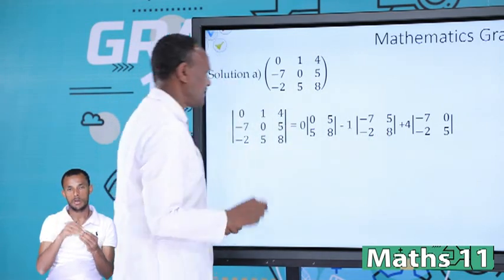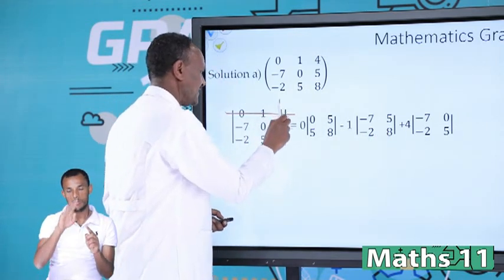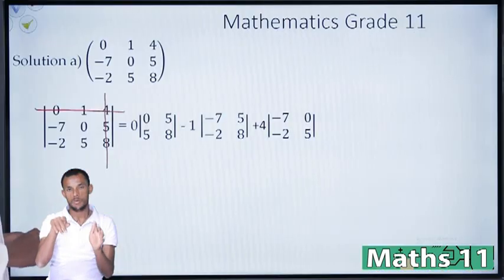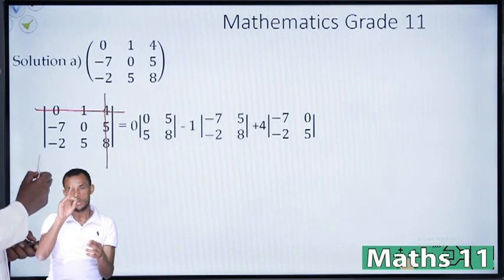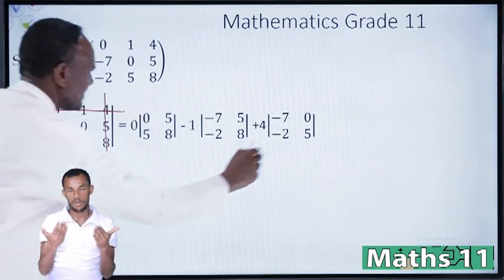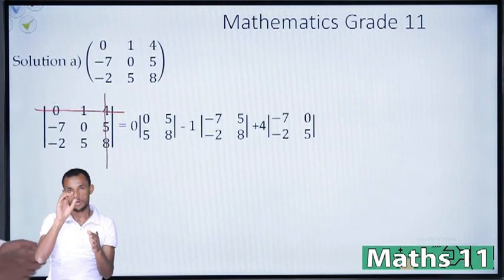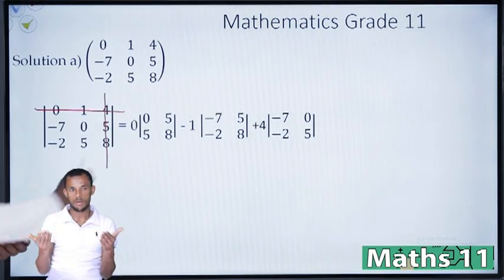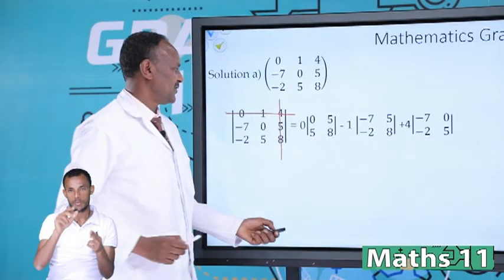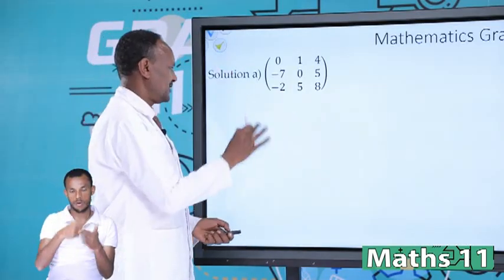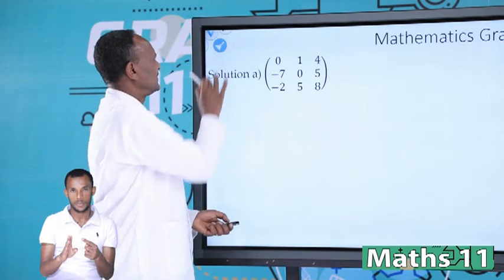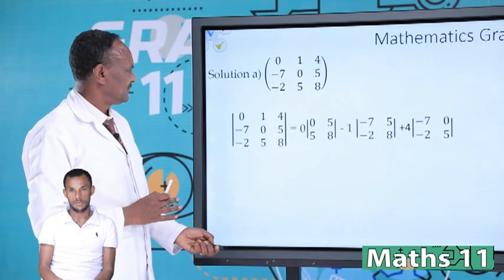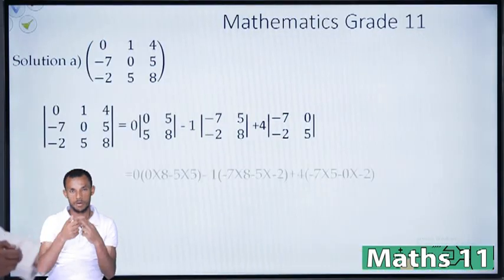You have positive 4 when first row and third column are cancelled; at their intersection you have positive 4, multiplied by the determinant of the minor matrix, negative 7, 0, negative 2, 5. 4 times the minor matrix. This is a 2 by 2 matrix.